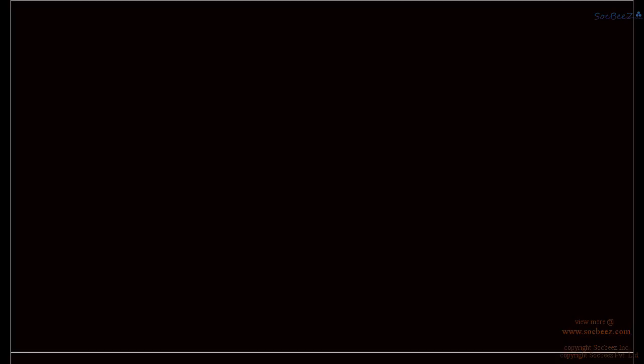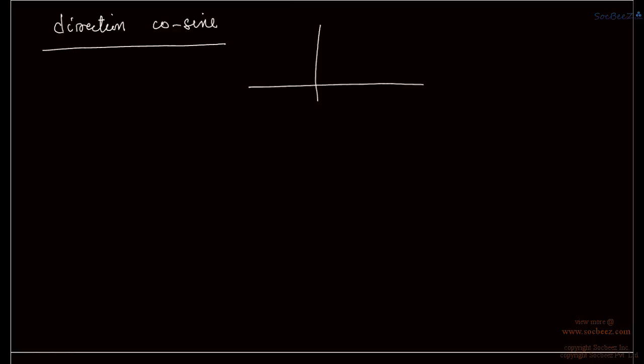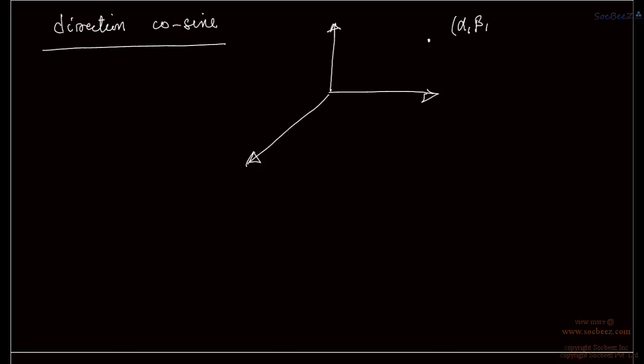Therefore now we will be defining direction cosine. Say we have a point here, alpha, beta. Let us not write alpha, beta, gamma. Let us write it as x, y and z.